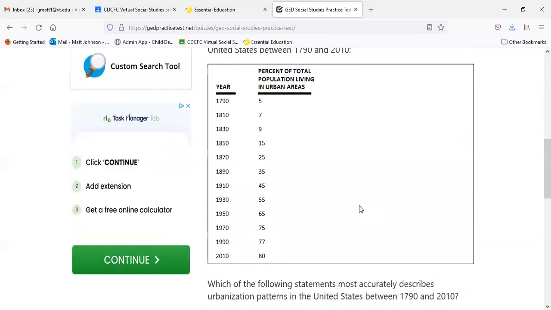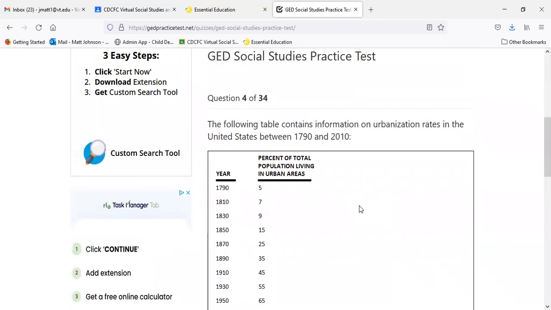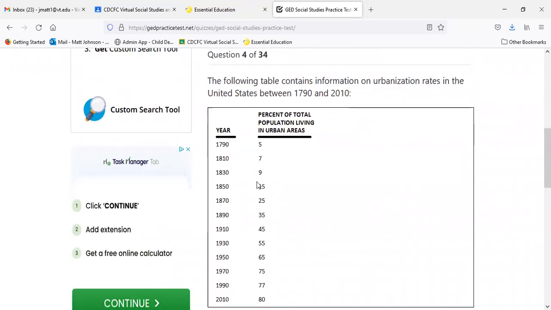And we have another. Let's see, the following table contains information on urbanization rates in the United States between 1790 and 2010. Right? Percent of total population living in urban areas through basically the entire course of US history.